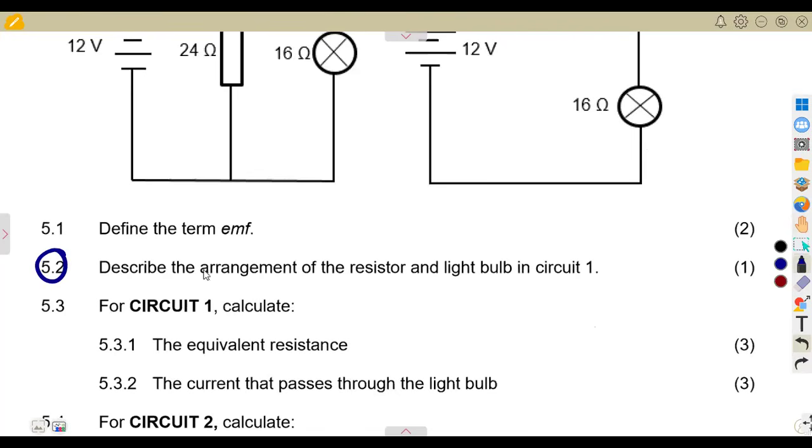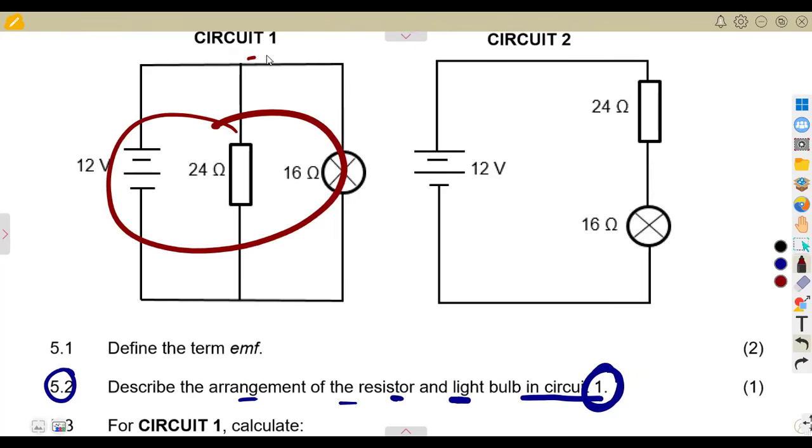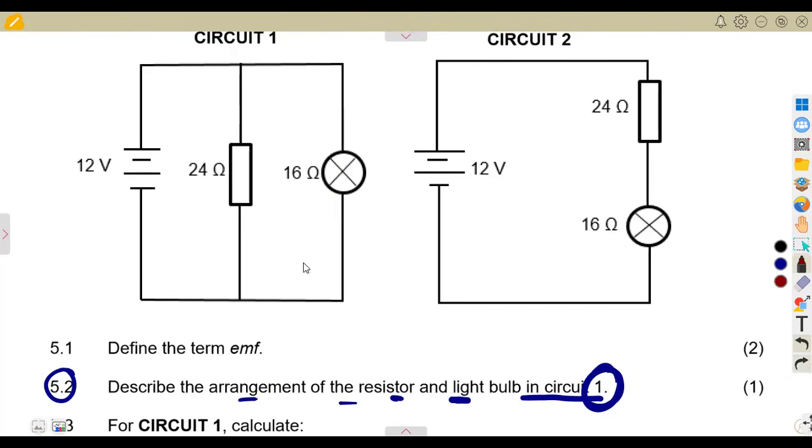Then 5.2, describe the arrangement of the resistor and bulb in circuit 1. You are working from circuit 1, this one. Remember, I talked about this. This is a parallel circuit, so this is a parallel arrangement.